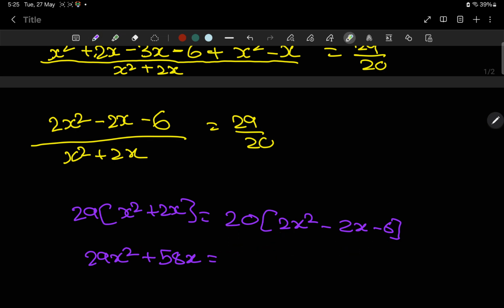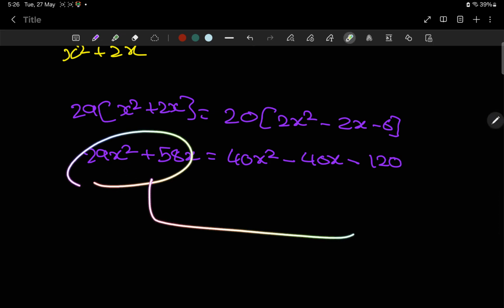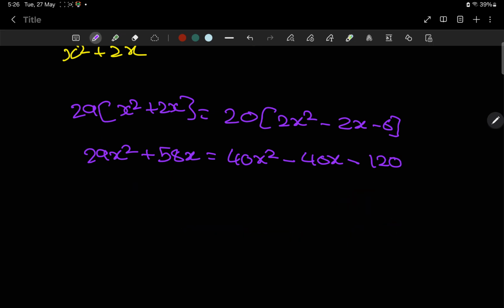So let's multiply it. 20 into 2, 40x square minus 40x minus 6, 20 into 6 is 120, right? So 120. So let's transpose the whole to one side. Now I am transposing this whole to this side. Now 0 equal to 40x square minus 40x minus 120 minus, it's positive, right?